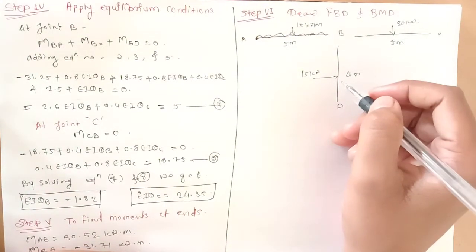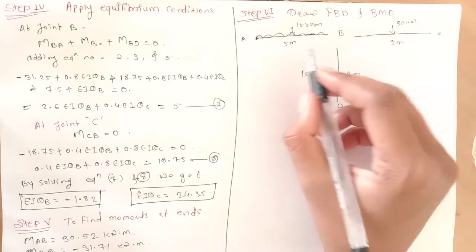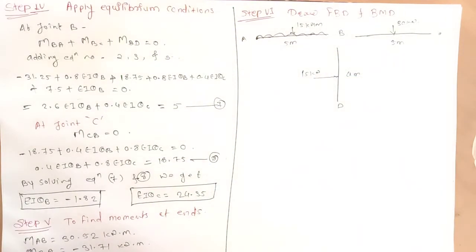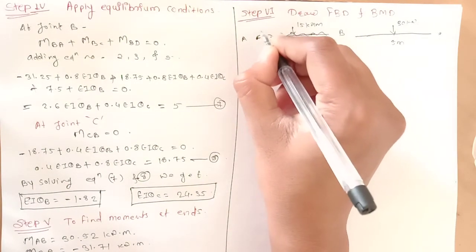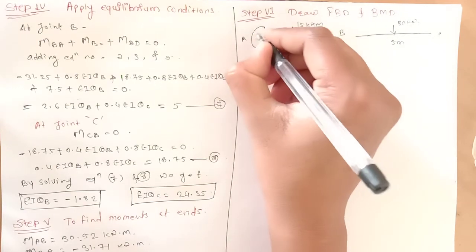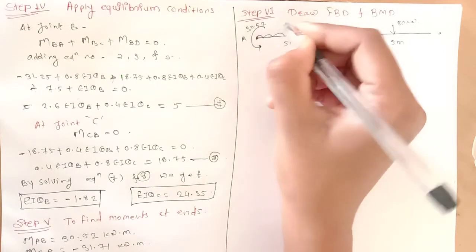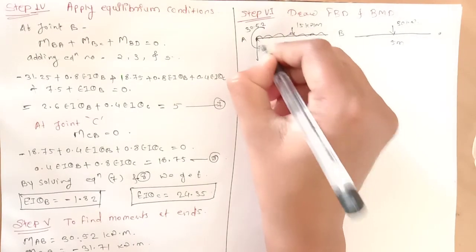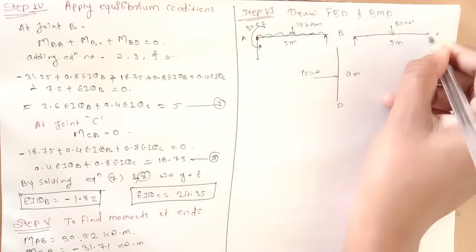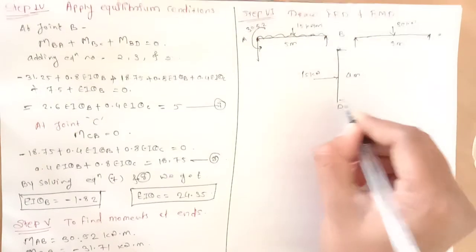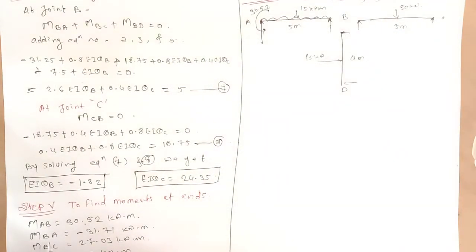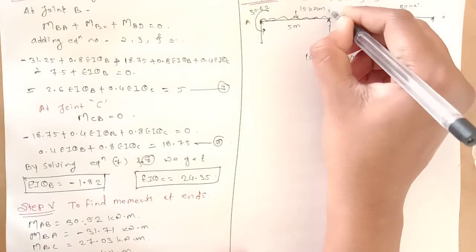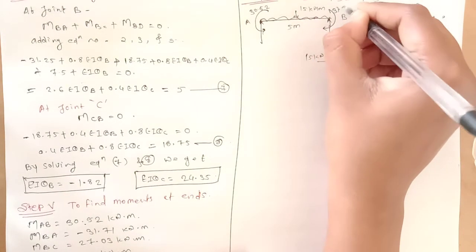Okay. Then next, put the end moments in the free body diagram. So first, the end moment at member AB is 30.52 positive. So that's why here we take the anti-clockwise direction, 30.52. Then next, the end moment at member BA is equal to minus 31.71. So here 31.71.